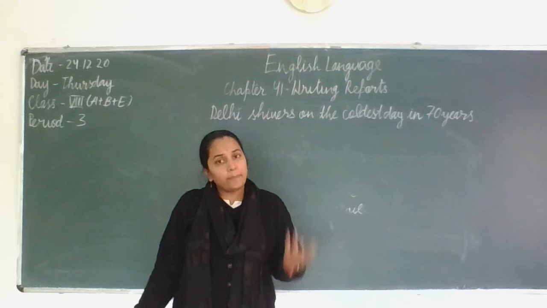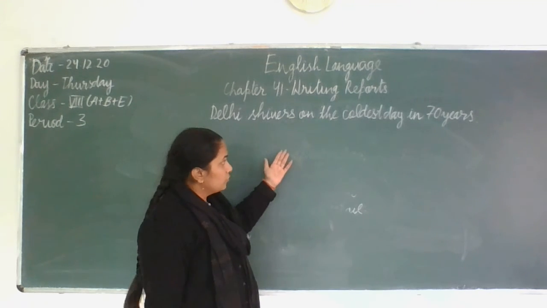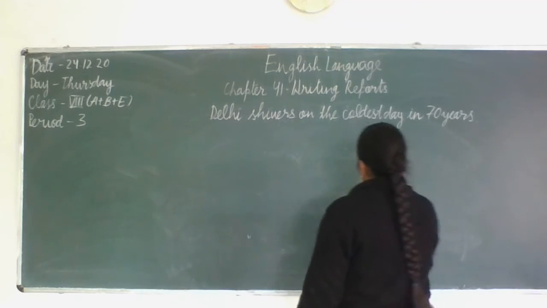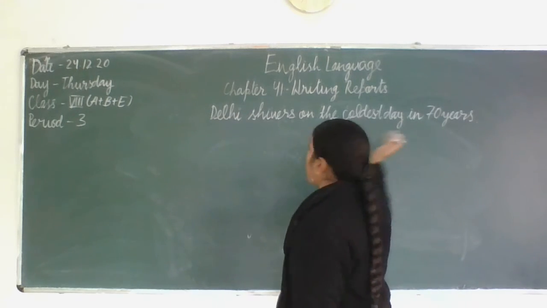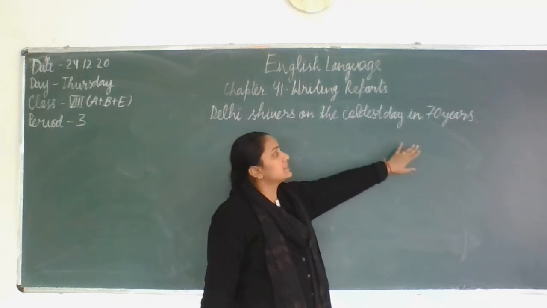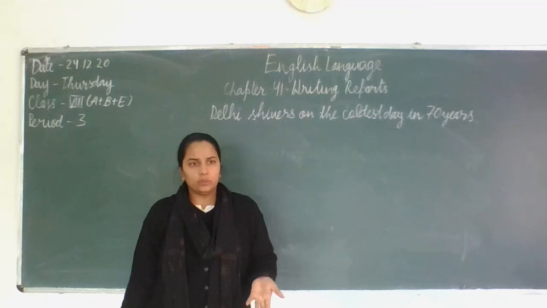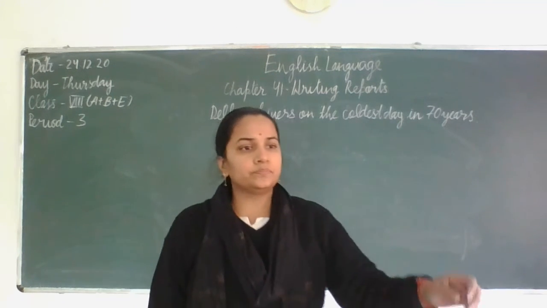Suppose on a particular day the temperature is very low. So you must have seen this kind of heading in the newspaper. They compare things with the previous records, and it is not the whole 70 years. If we are talking about Delhi shivering on the coldest day in 70 years, it means that particular day. So we will compare the things here.